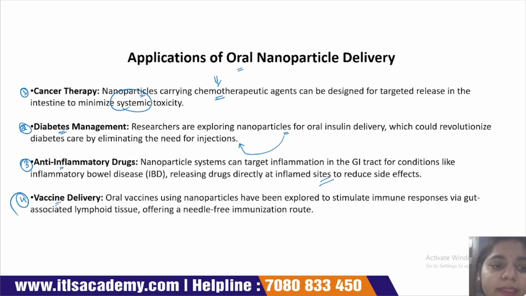In drug delivery, the oral nanoparticle delivery system has been exploited. Next, in vaccine delivery, the oral nanoparticle delivery system stimulates the immune response via the gut-associated lymphoid tissues. These are the applications of the oral nanoparticle delivery system.